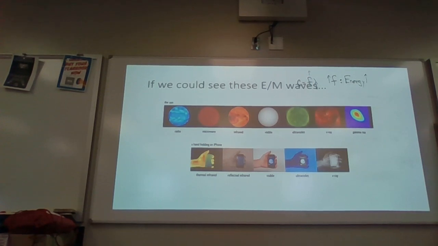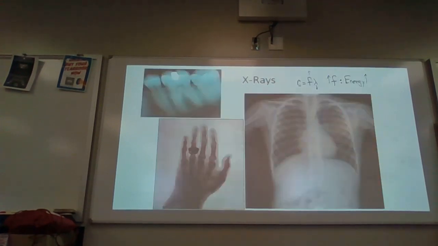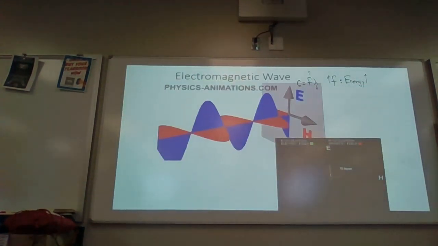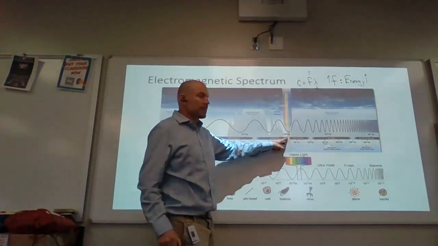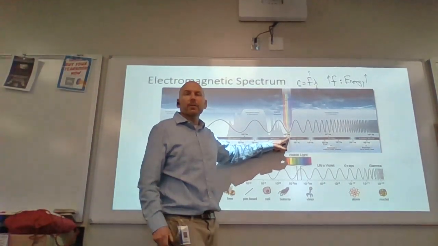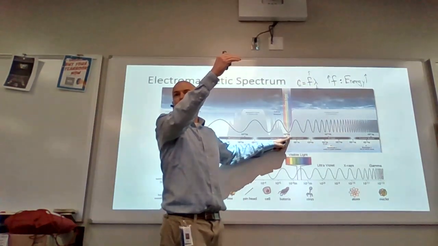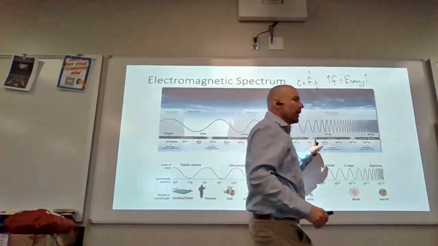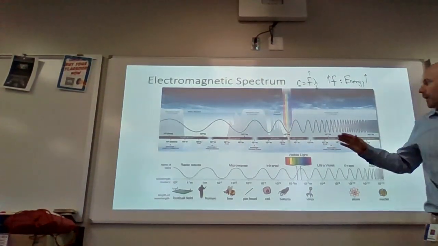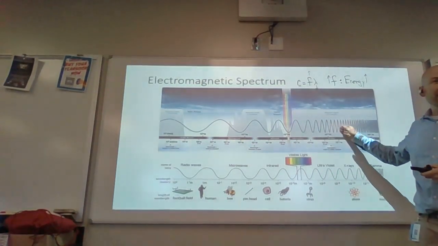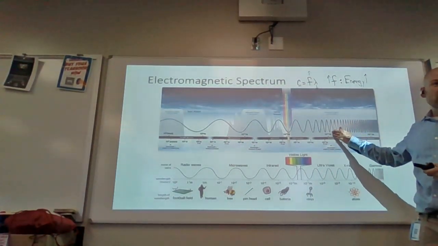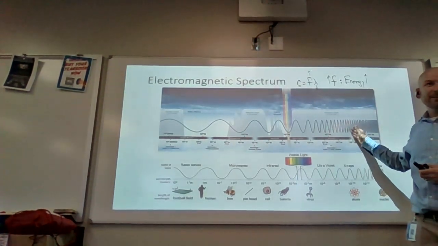Okay, so we can see everything. Our visible light gets through. So everything that we see on Earth, we can still see in space. What we are exposed to outside the atmosphere is a lot more violent.